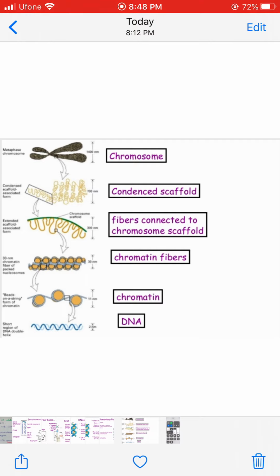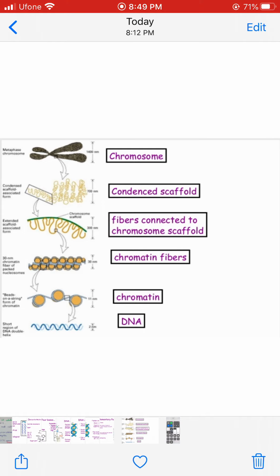And finally, they are compressed in the form of chromosome. And if you look at it outwards, you can zoom out one part of the chromosome and see the different condensed scaffolds.